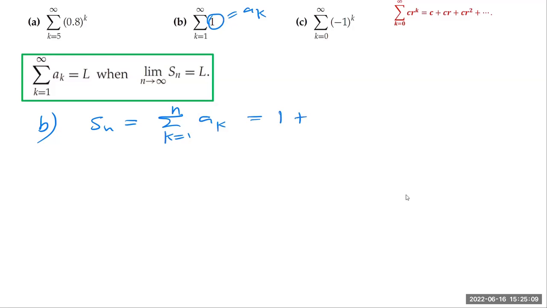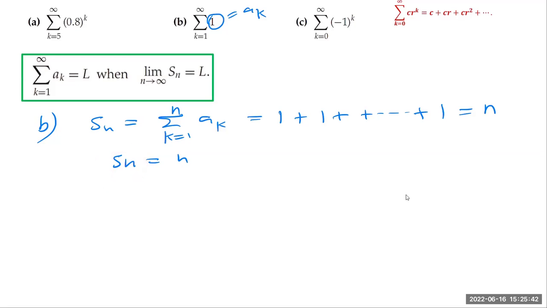Plus, if you plug in k is equal to 2, your a2 is again 1, because this ak doesn't change. The ak is 1 for all k. So you get 1 plus 1 plus. How many ones are there? N ones are there because I take the summation from k is equal to 1 to n. So this summation of these n ones will be just n. So I know my Sn. My Sn is n.